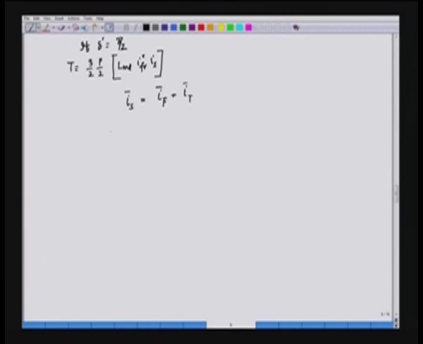We can say that IF is called the stator flux component of current, and IT is called the stator torque component of current.